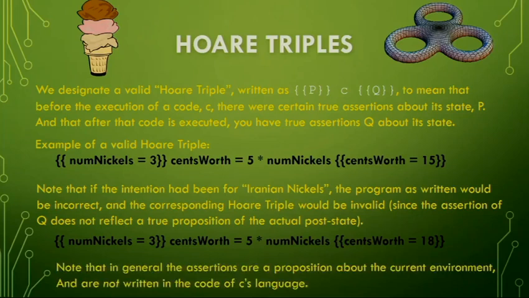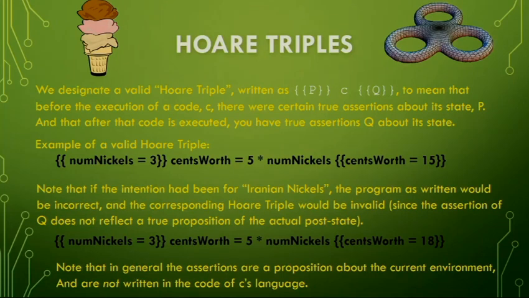Okay, so let's go to the next step. Oh, yes, forgot about this little aside. This isn't going to be relevant right now until we get to the Coq implementation. But one thing to note is that this thing right here is a different animal than this thing right here. This right here is actual Python code, whereas this is us talking mathematically about the state that the program is in.